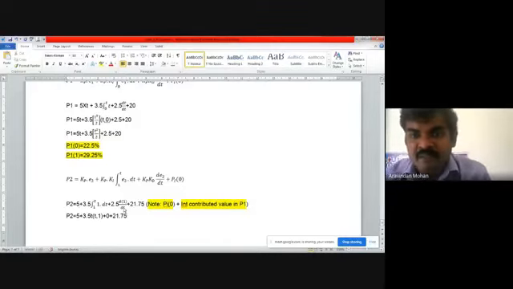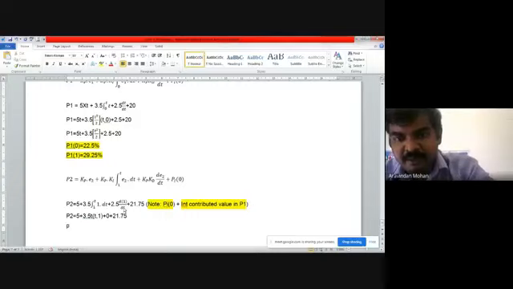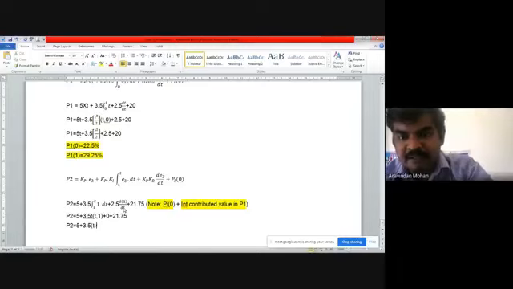Now if you substitute the t and 1 values here, this equation becomes P2 is equal to 5 plus 3.5 into t minus 1 plus 21.75.